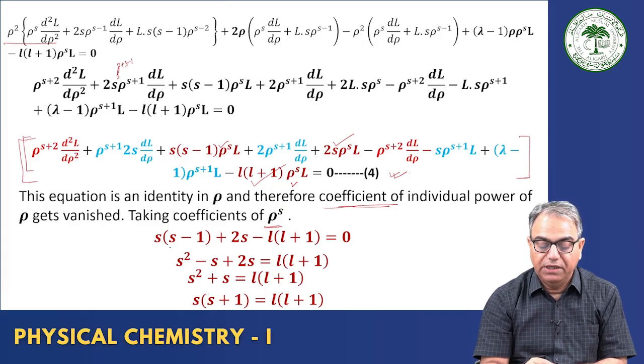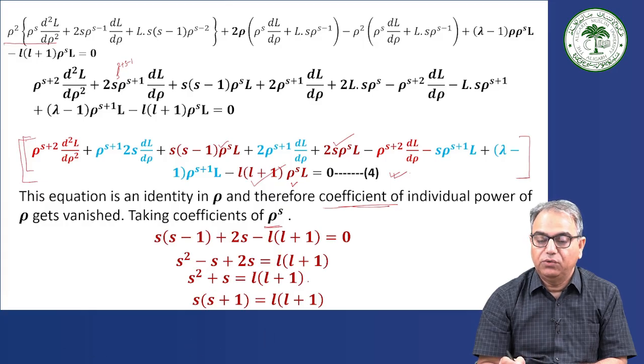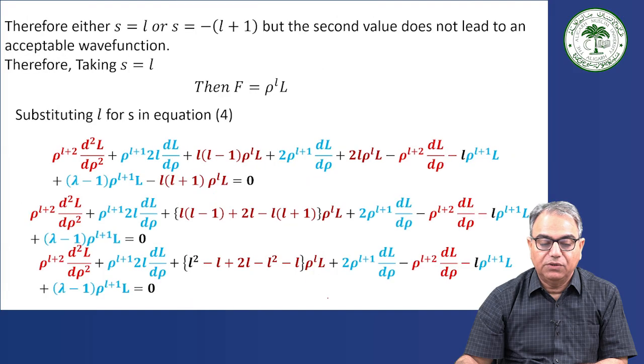Rearranging, s square minus s plus 2s is equal to L into L plus 1, so s square plus s, that is s into s plus 1, is equal to L into L plus 1. And what does it tell you? Therefore, either s is equal to L or s is equal to minus L plus 1.